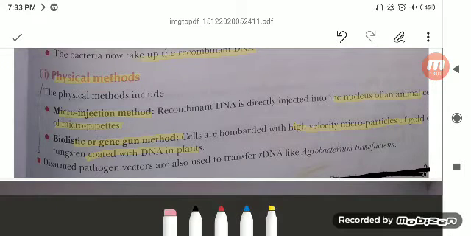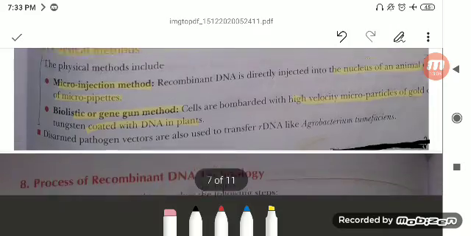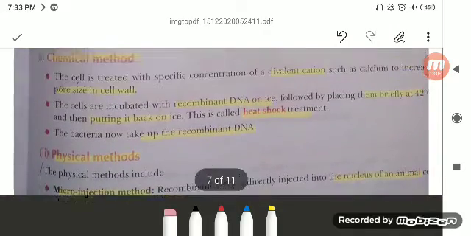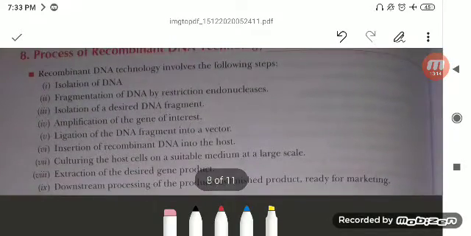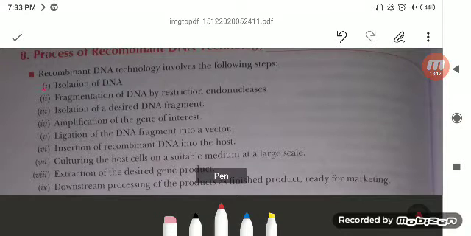With this we finish the role of the various tools one by one, and in the next session we will discuss the process of recombinant technology, in which we will take the following steps: isolation of DNA, followed by fragmentation, then isolation of desired DNA fragments, amplification, then ligation, then insertion of recombinant DNA into the host, culturing of the host cells on a suitable medium at large scale, extraction of the desired gene product, and downstream processing of the product as a finished product ready for marketing and commercialization.